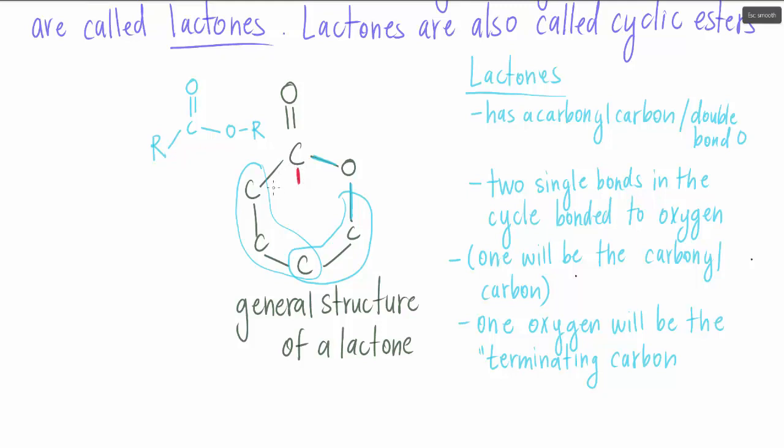So we start counting at the carbonyl carbon, and we want to go in the direction that gives us the oxygen last. Okay? So in this case, we're going counterclockwise.